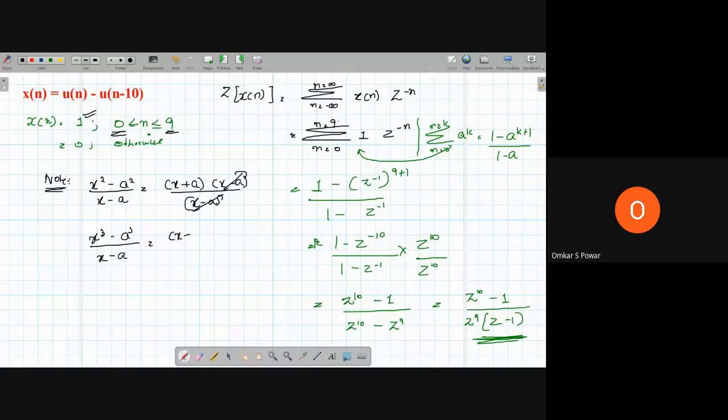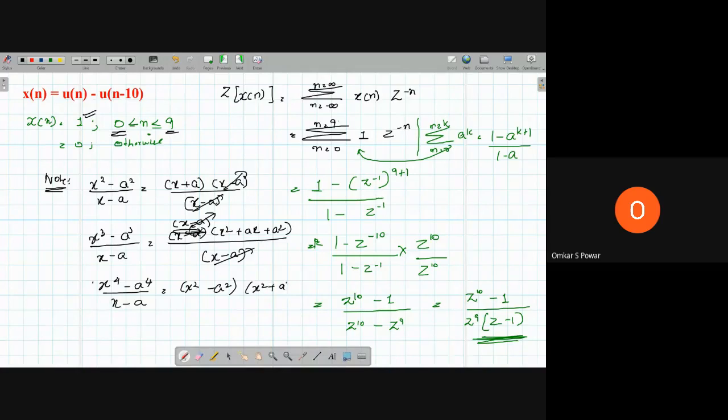It is x minus a into x squared plus ax plus a squared divided by x minus a. So your denominator term cancels out. Similarly, if you have x to the power of 4 minus a power 4 divided by x minus a, this term will be equal to x squared minus a squared into x squared plus a squared divided by x minus a. Again, your denominator term cancels out.